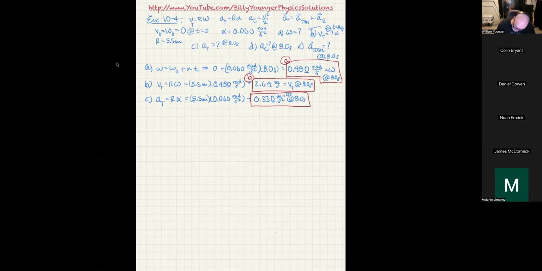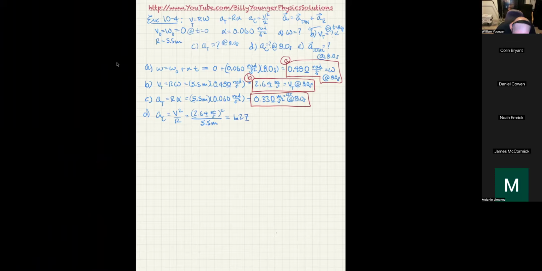Now we're looking for part D, which is centripetal acceleration. So part D, A centripetal is equal to V squared over R, and our V we already worked out was 2.64 meters per second. That quantity is going to be squared, and we're going to divide it by 5.5 meters, and that gives me 1.27.